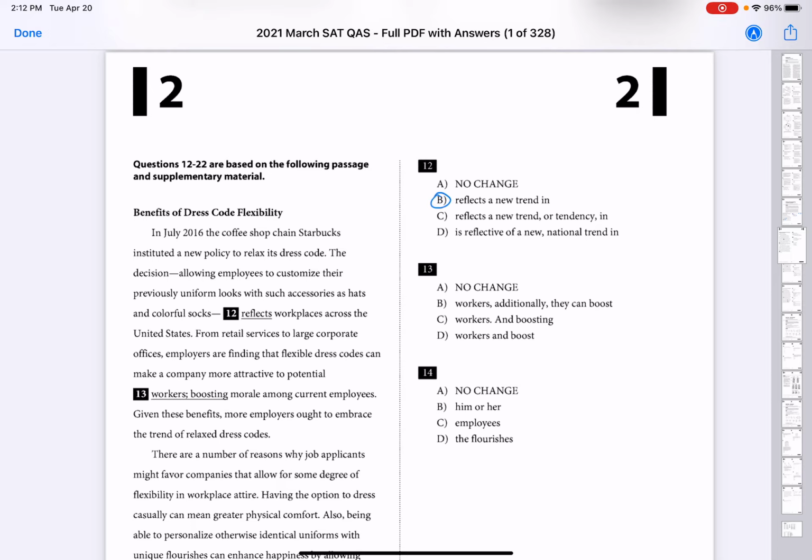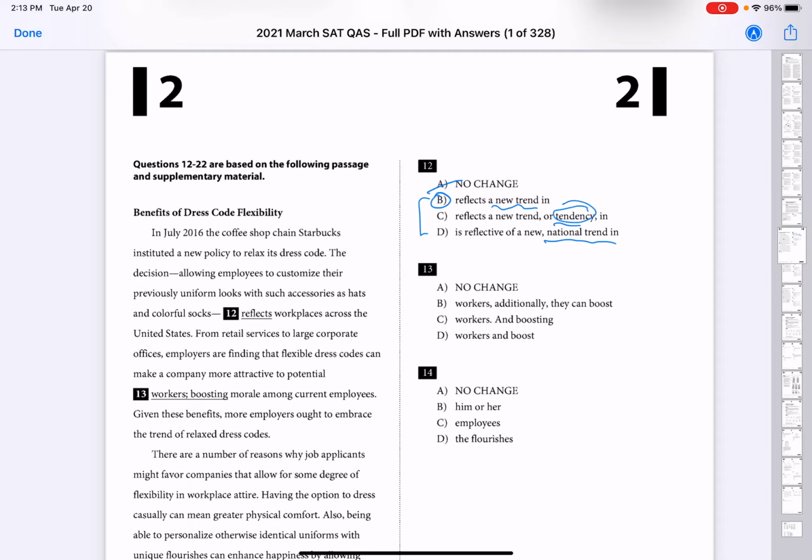So what they're trying to do here is, usually what you should do is pick the shortest answer. In this case, there's something else written over here in the answer choices, right? And this idea is that it's a trend, okay? So in all the other answer choices, they also included trends, but then they wrote some other unnecessary words. For example, in answer choice C, you have a tendency.